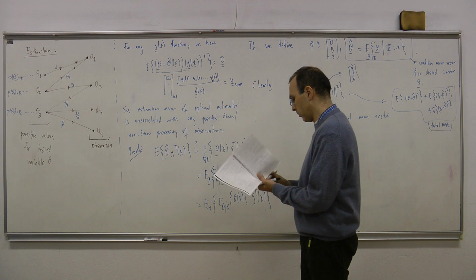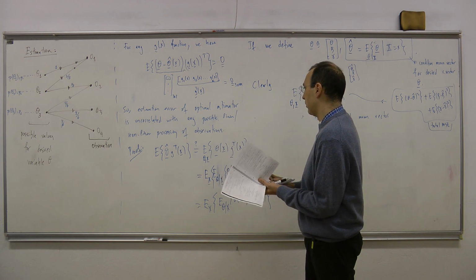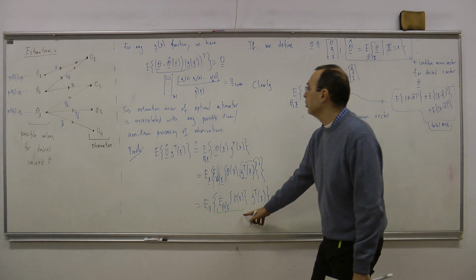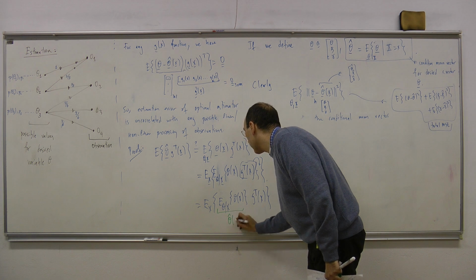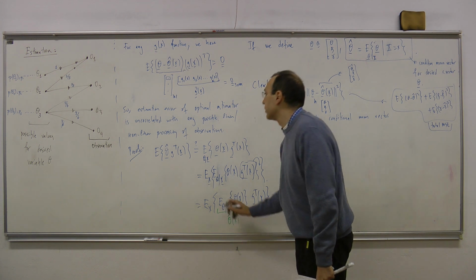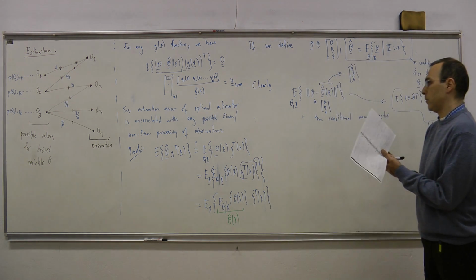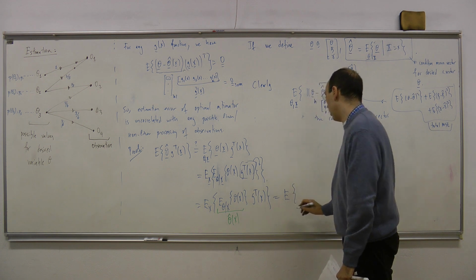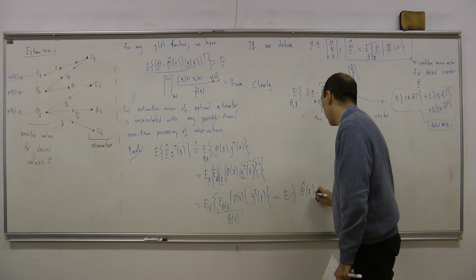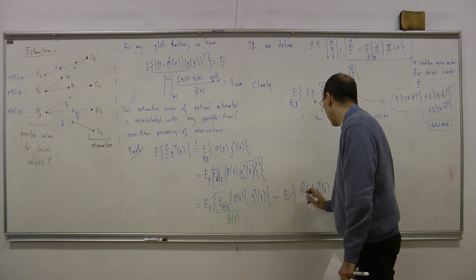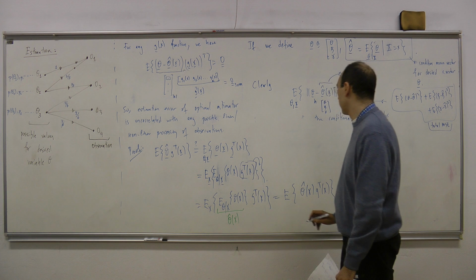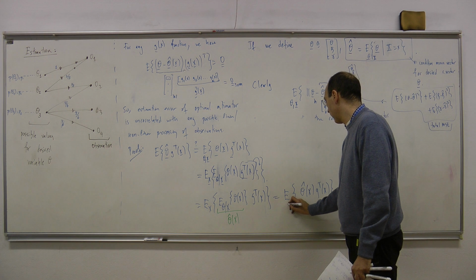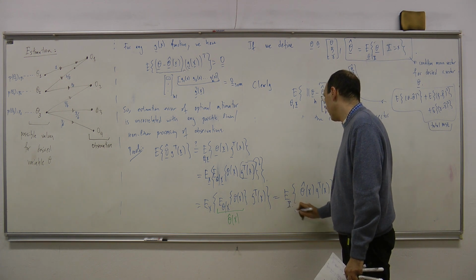How about this one then? Well, this is the conditional mean, isn't it? I have called my conditional mean the optimal estimator. So it is equal to this one. So I get equality of the expected value of theta hat of x, g transpose of x. That is the end of this calculation.